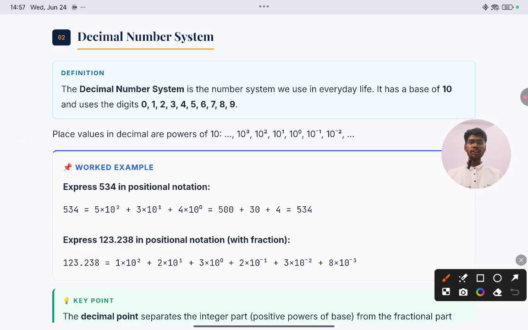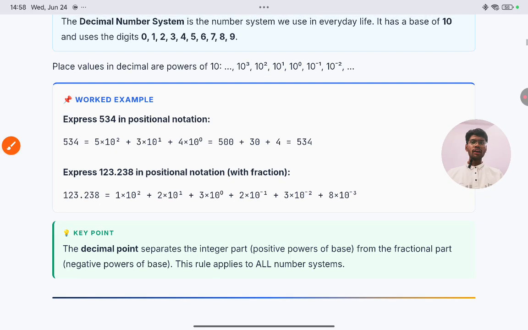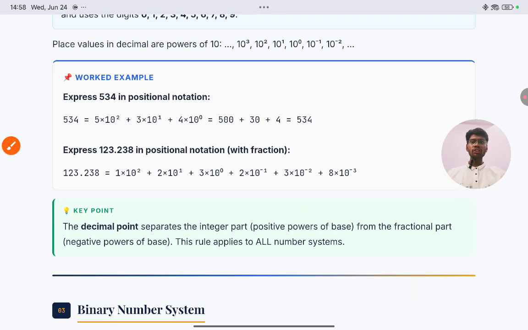Decimal is our daily number system. It consists of digits from 0 to 9. There are 10 digits and its base is 10. Basically, we need to express 534 in positional notation. How will you represent this? 5 is in the hundreds place, 3 is in the tens place, and 4 is in the ones place.